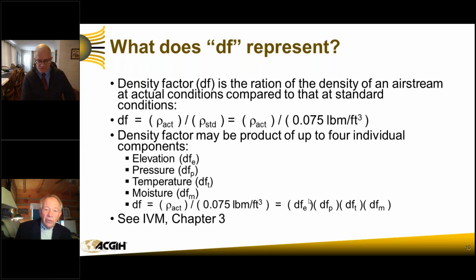And that is equal to the density factor for E, elevation, times the density factor for P, pressure, times the density factor for T, temperature, times the density factor for moisture or any other contaminant inside that makes a constituent part where it doesn't become like air. And look at this. This is the product of each of these. It's all four of these multiplied together. Very important. All right.